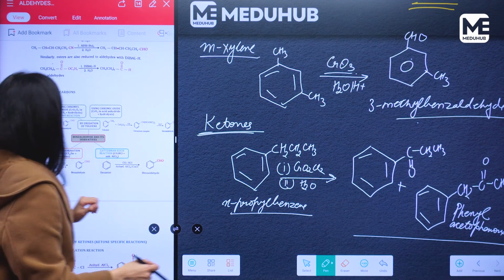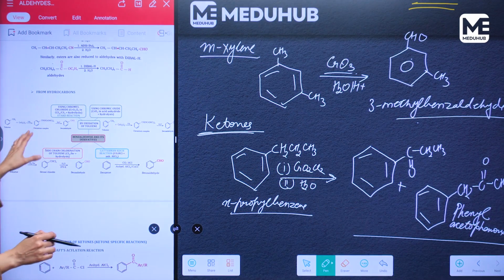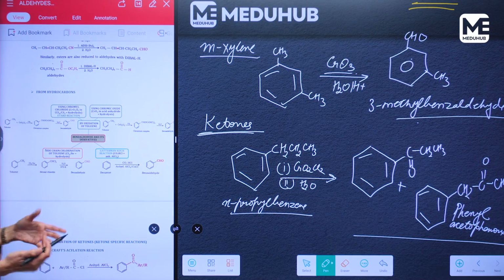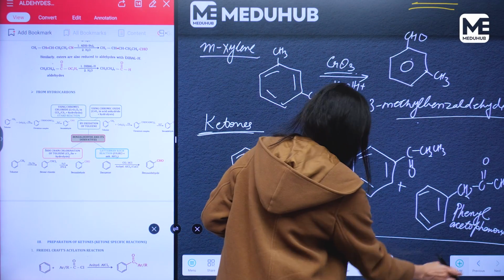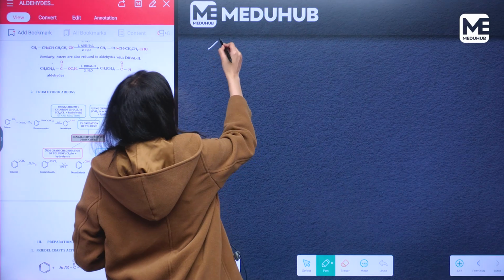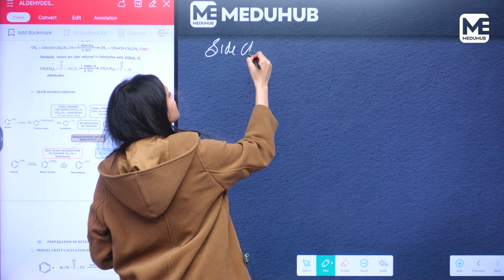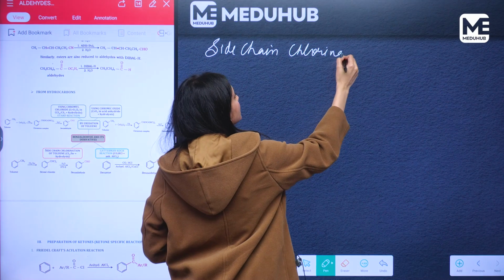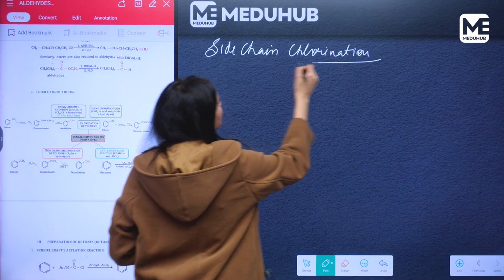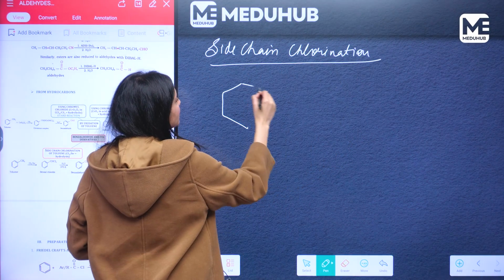The next reaction where we can get a benzaldehyde or its derivative is using side chain chlorination of toluene. So here, side chain chlorination. We have toluene.